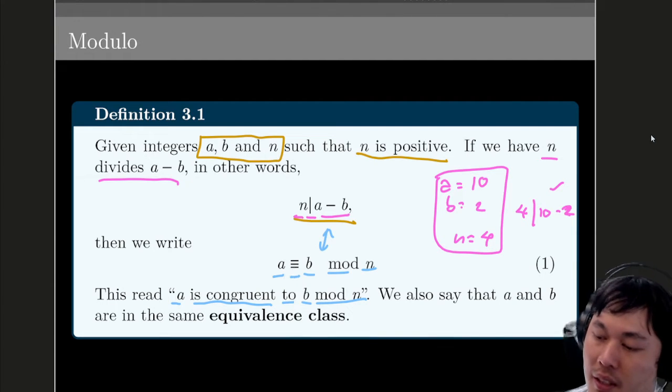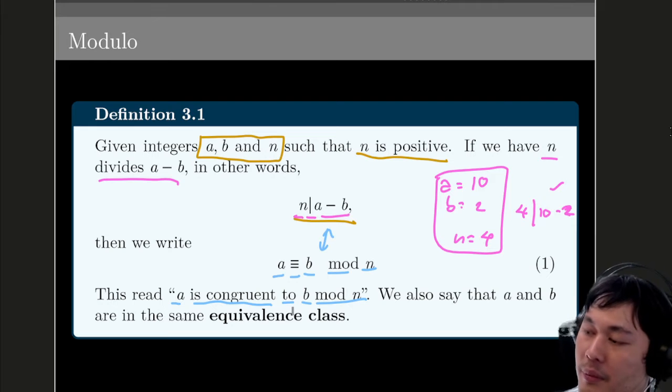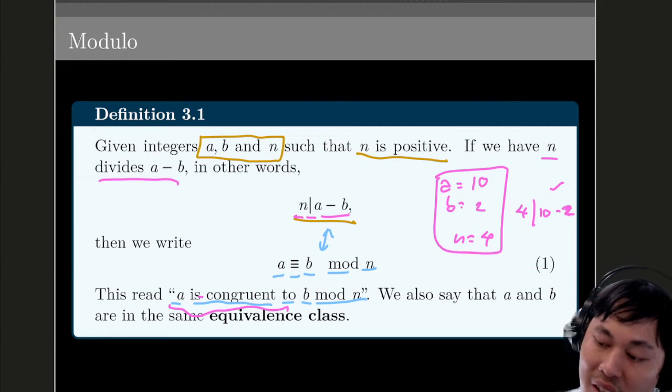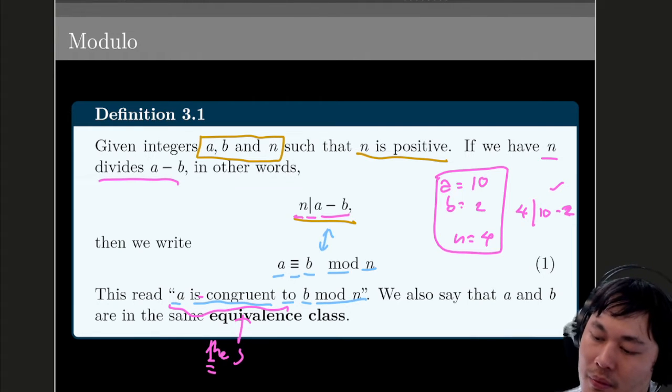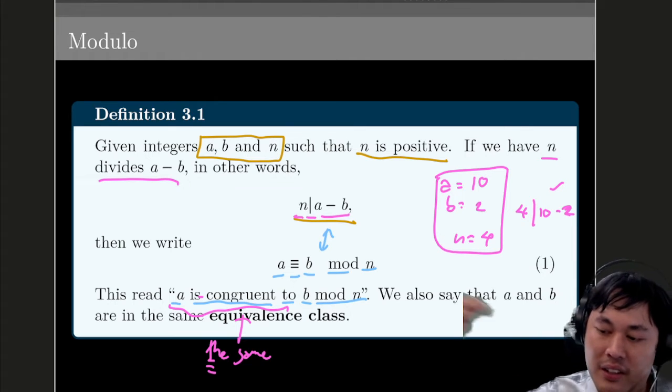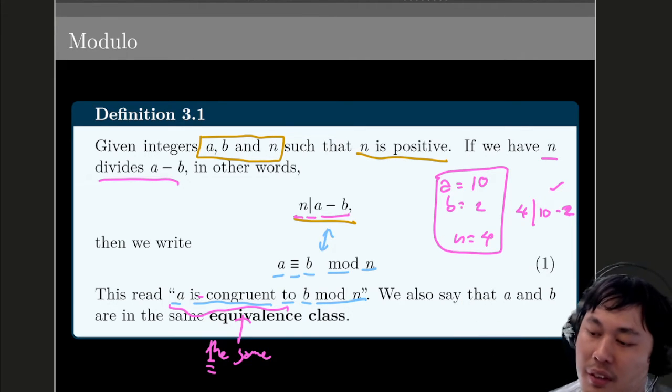We will see soon that this will simplify things a lot. Here, a is congruent to b mod n, and the word congruent means they are kind of the same, in the sense that we can use one or the other and keep the same result.